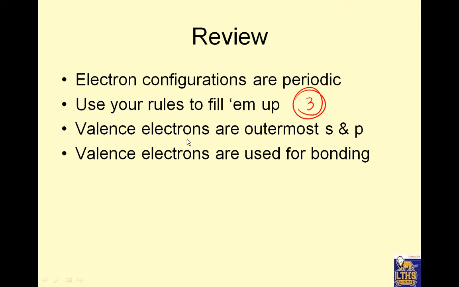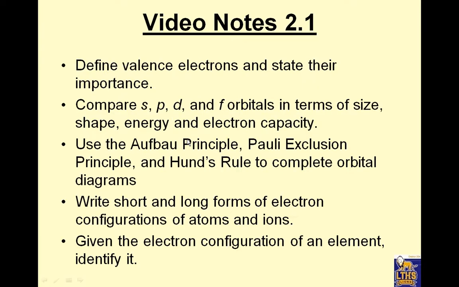Valence electrons are used for bonding, and hopefully you can tell what valence electrons are. Compare S, P, D, and F orbitals, all right? You can use these 3 rules to do orbital diagrams and electron configurations, short form and long form, okay? Atoms and ions. You can identify elements based on their electron configurations.